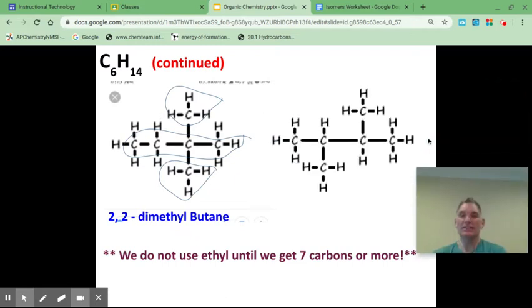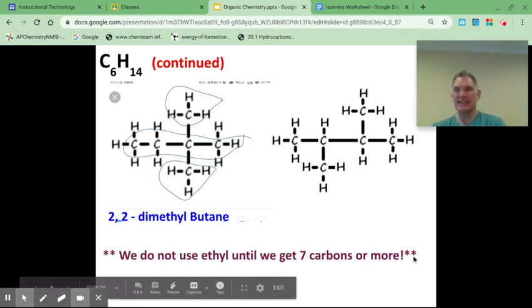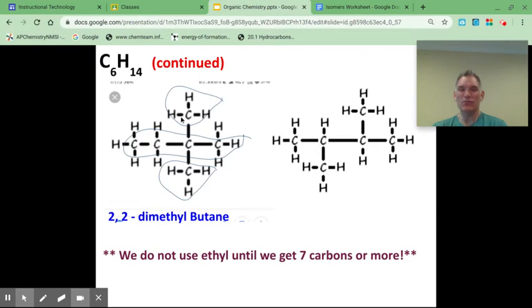Take a look. It's like, DeMarco, you magician. I'm not a magician. I just know what I'm doing. So here I could take this methyl and just move one over. So notice, do I have C6H14? And I do. 1, 2, 3, 4, 5, 6 carbons, and 14 hydrogens. I do.